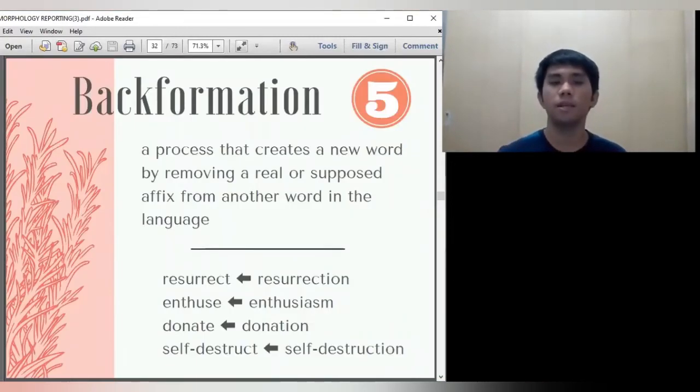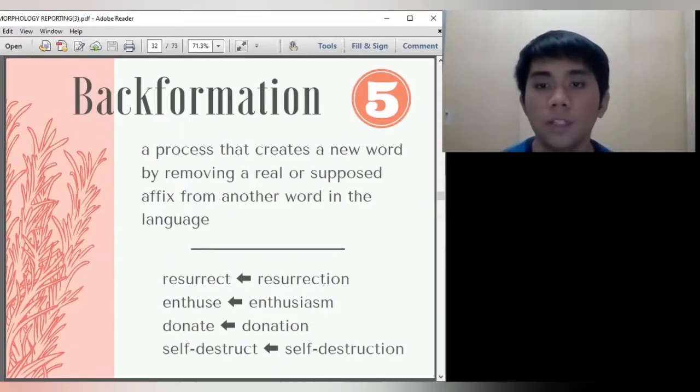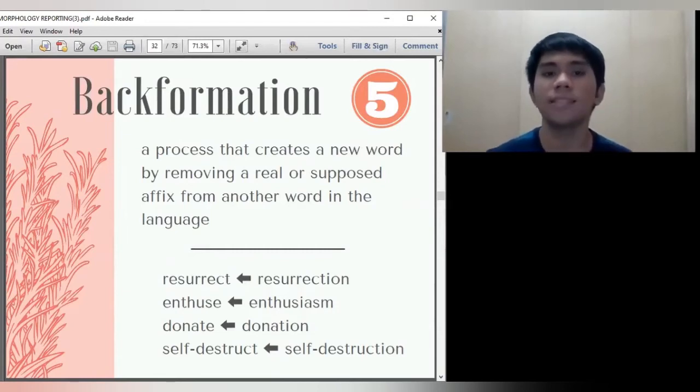Next is the process so-called back formation. It's a process that creates a new word by removing a real or supposed affix from another word in the language. For examples, we have resurrect from resurrection, enthuse from enthusiasm, donate from donation, and self-destruct from self-destruction.